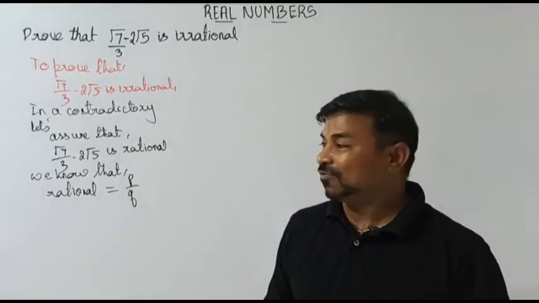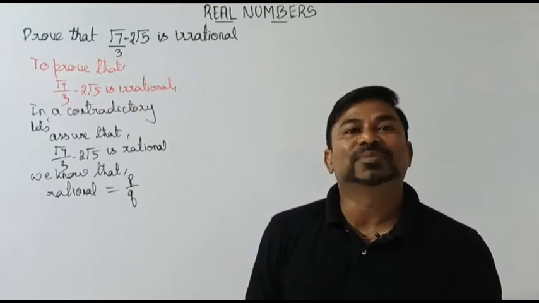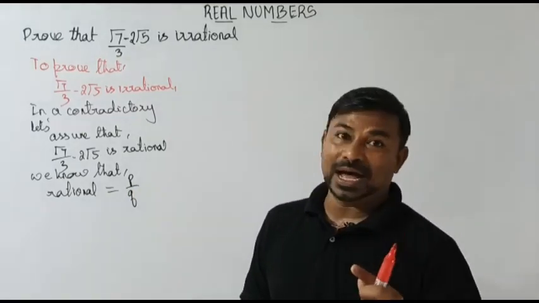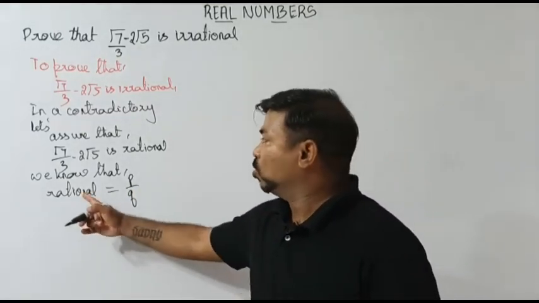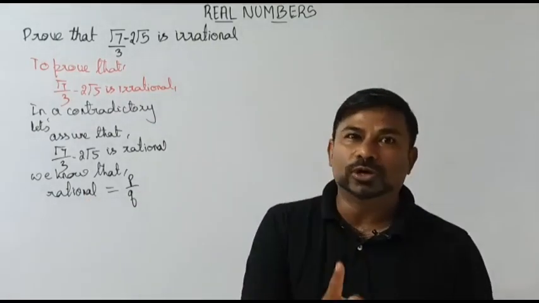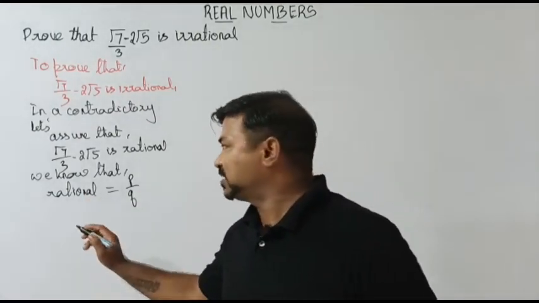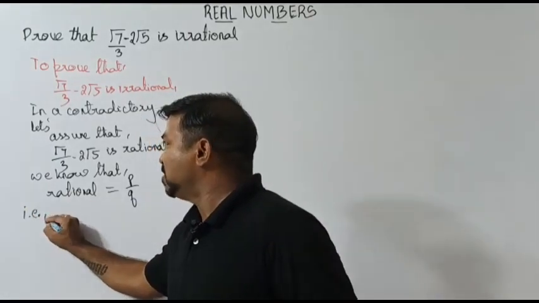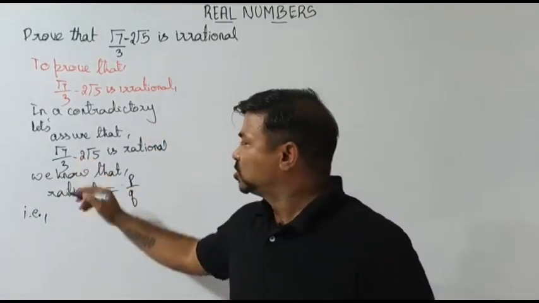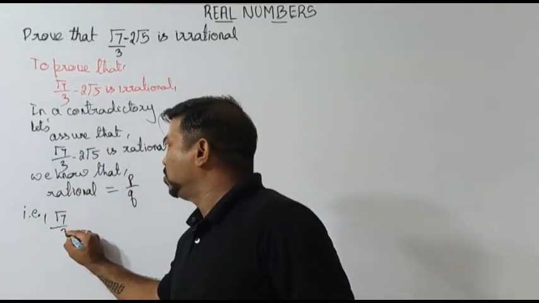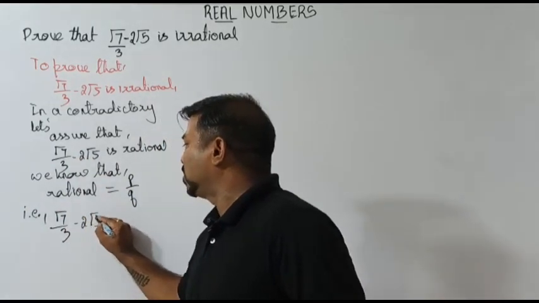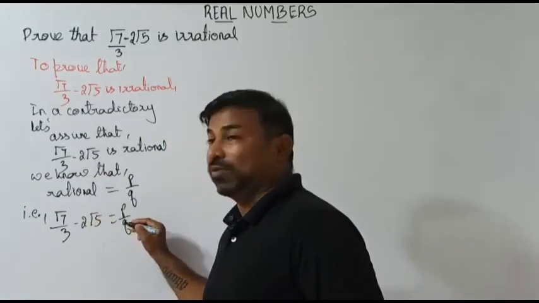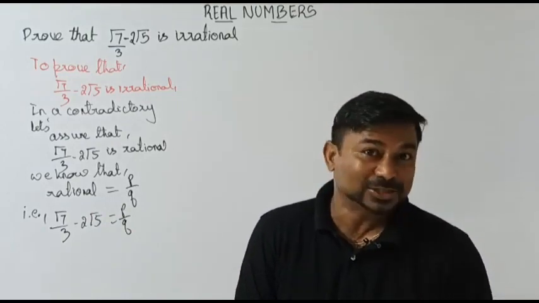Any number in the form p by q is a rational number. But it is not only p by q, it follows many more conditions. Since we have assumed it as rational, root 7 by 3 minus 2 root 5 is equal to p by q.